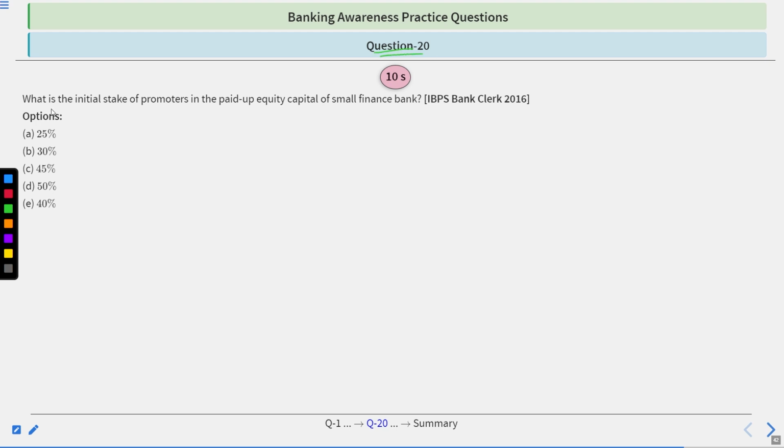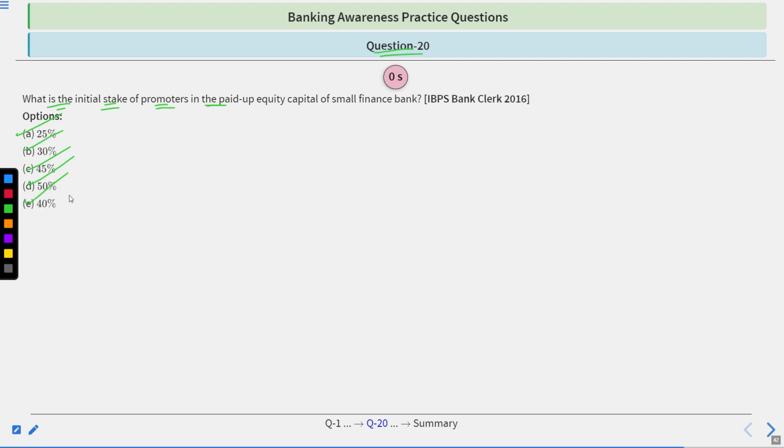Question number 20. What is the initial stake of promoters in the paid-up equity capital of small finance bank? 25%, 30%, 45%, 50%, or 40%? Answer this. Again, you will have 10 seconds. Time starts now. Time's up.